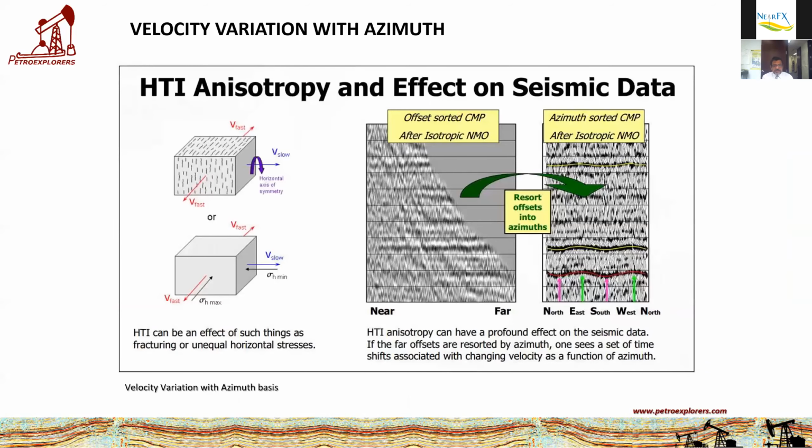But in addition, you can have multiple other things, like azimuthal AVO, velocity variation with azimuth, or shear wave splitting. It depends on how expensive it is and how much processing you need to get done, to make sure that COV processing is done and that there is enough data distribution to do the azimuthal AVO.